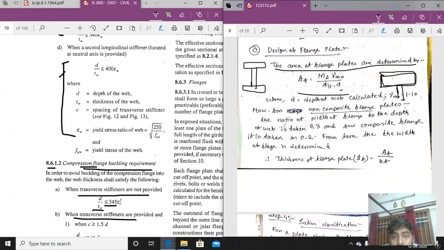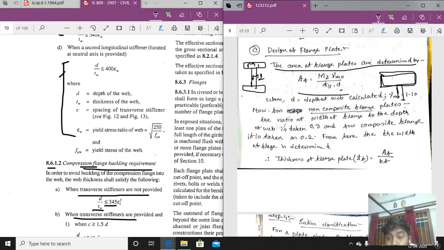Composite means this is material 1 and this is material 2, so more than one material is used for the creation of the section. For non-composite, the two materials are the same. That is the normal case we will discuss.